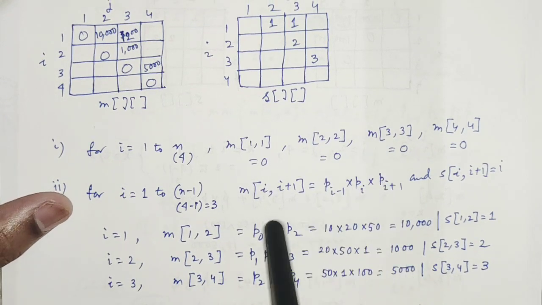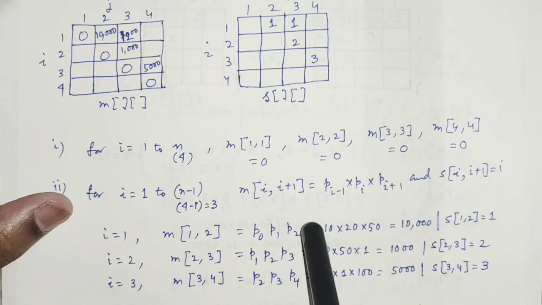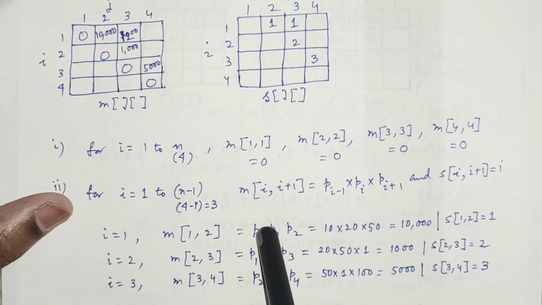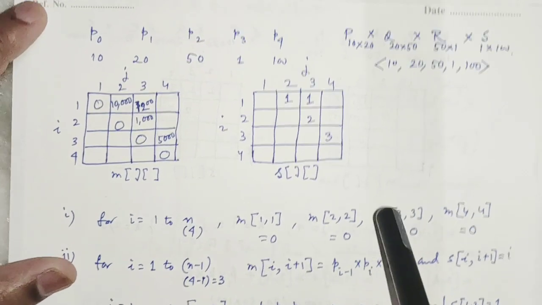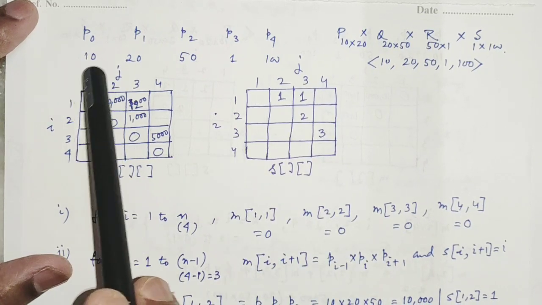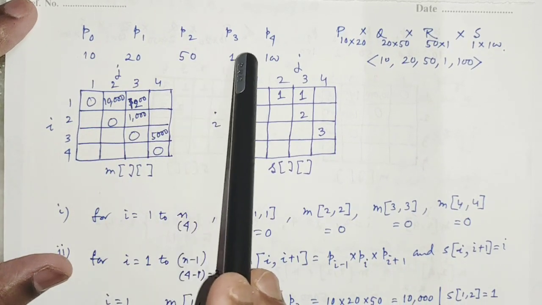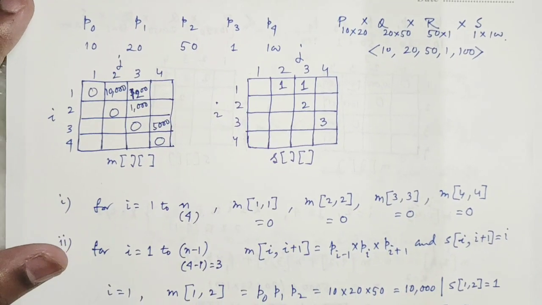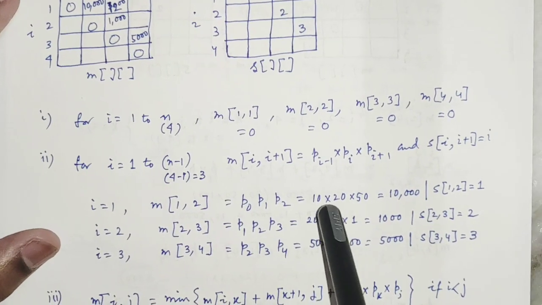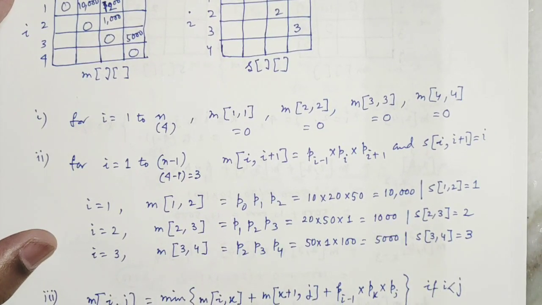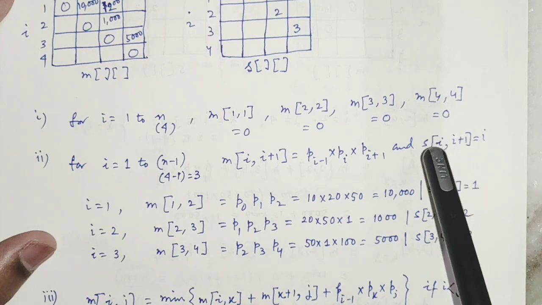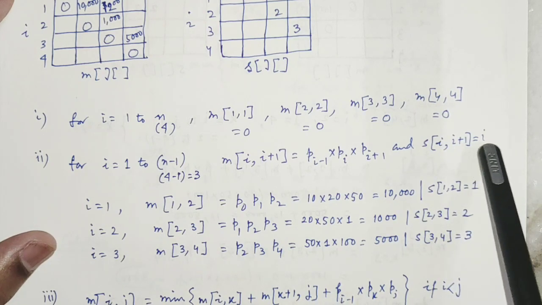So you apply the formula p i minus 1 p i p i plus 1, that means i is 1, so p0 into p1 into p2. As per the data given, p0 is 10, p1 is 20, p2 is 50, p3 is 1 and p4 is 100. So 10 into 20 into 50, that is 10,000, and s of i comma i plus 1 will receive the value of i.